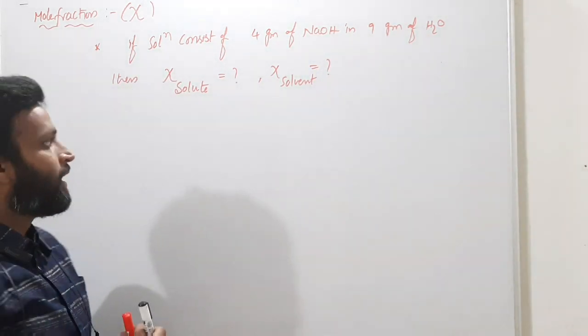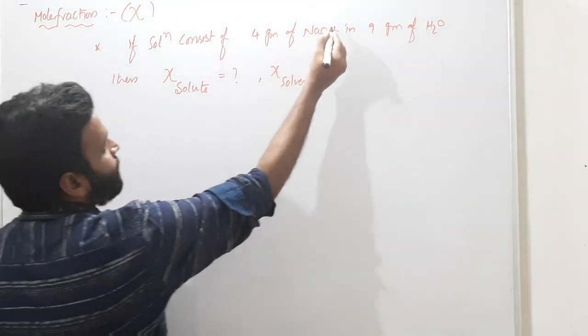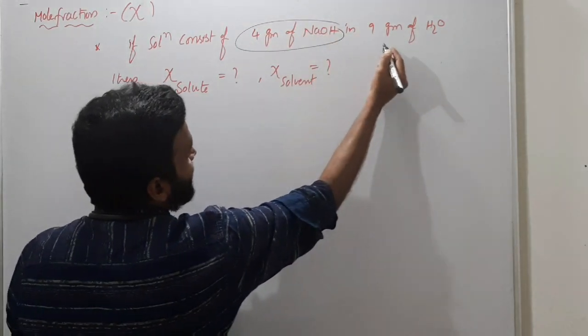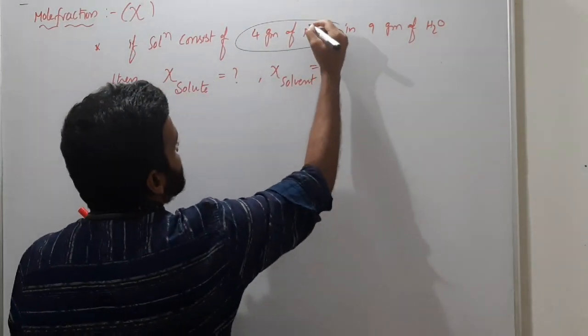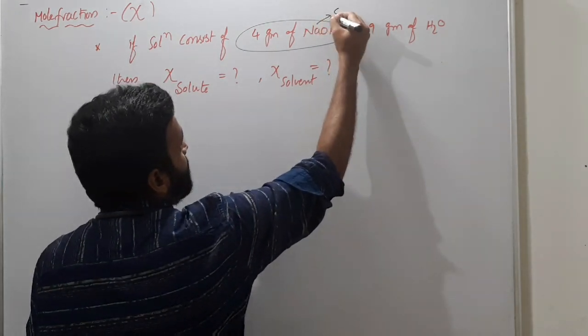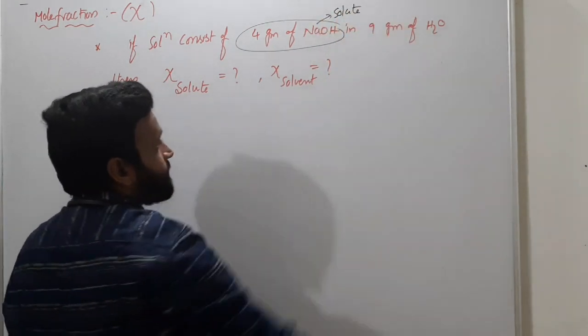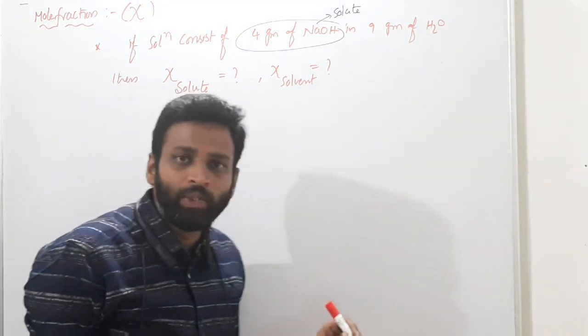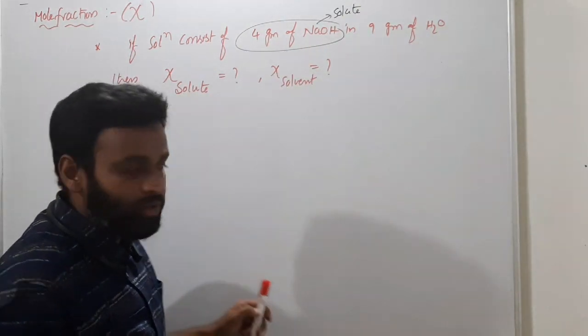These are the questions. So 4 grams of NaOH is present in 9 grams of water. Certainly the sodium hydroxide is dissolving, so sodium hydroxide is the solute for us.